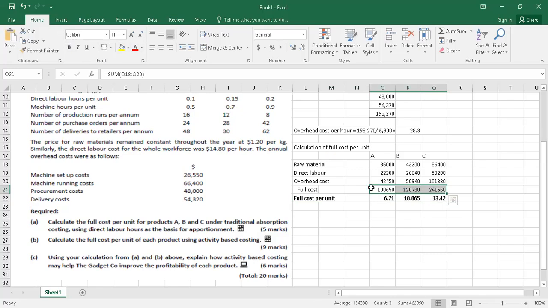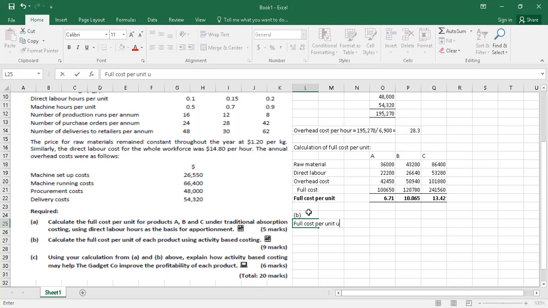Now comes the second part, which says calculate the full cost per unit using ABC.